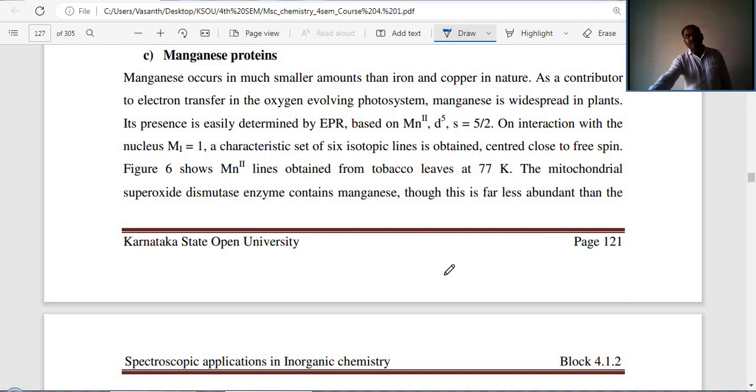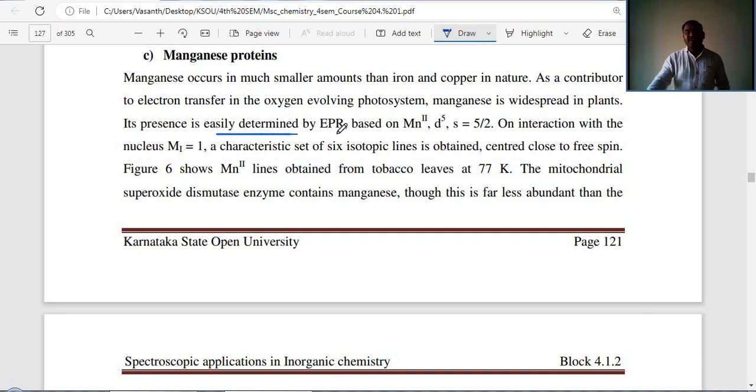Now manganese proteins. Manganese occurs in much smaller amounts than iron and copper in nature. As a contributor to electron transfer in the oxygen evolving photosystems, manganese is widespread in plants.